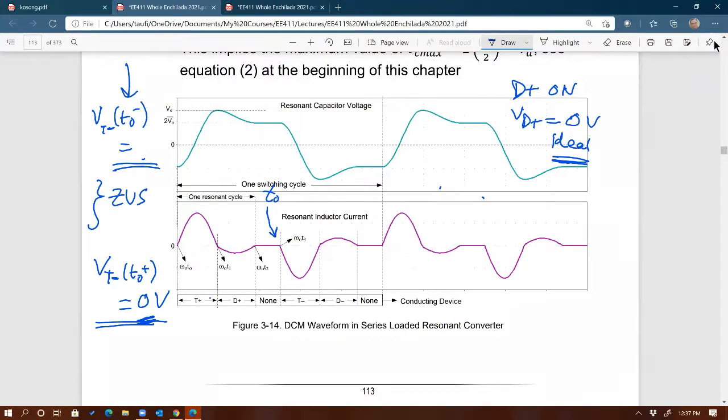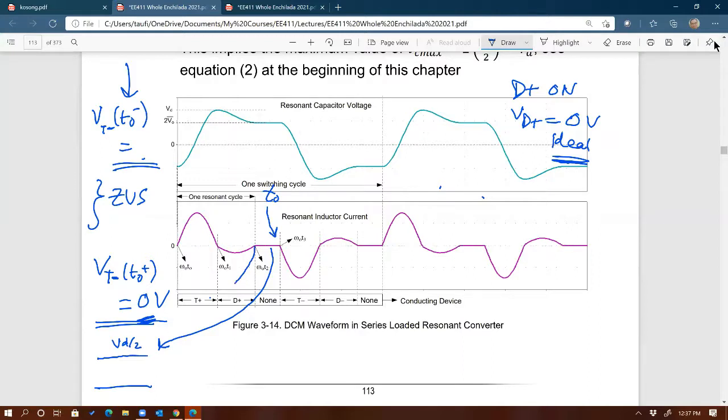During this time, if I were to draw voltage across T minus, then it's going to be constant VD over 2.